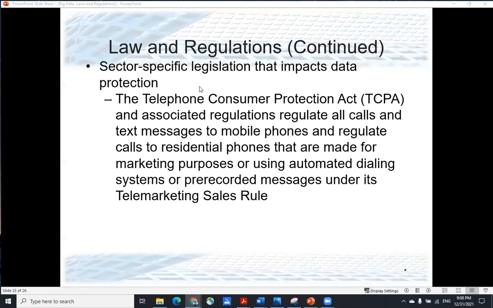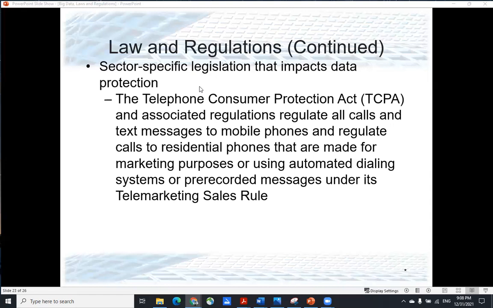And then there's another act here called the Telephone Consumer Protection Act, or TCPA, and associated regulations. They regulate all calls and text messages to mobile phones, and regulate calls to residential phones that are made for marketing purposes or using automated dialing systems or pre-recorded messages under the telemarketing sales rule. I remember years ago, companies were required to have a do-not-call list.